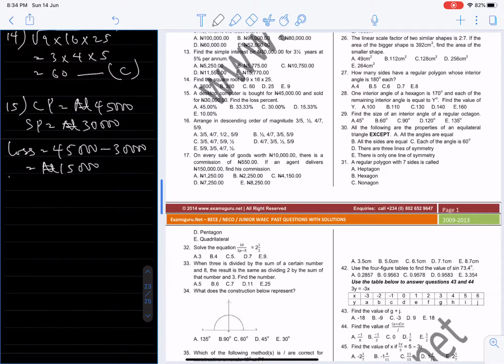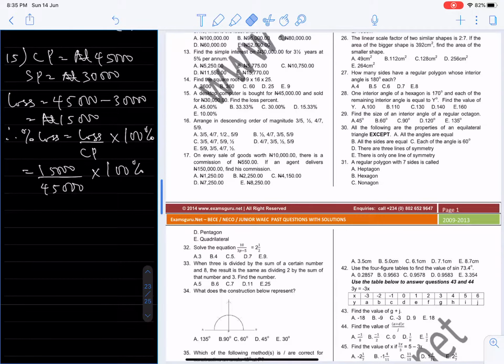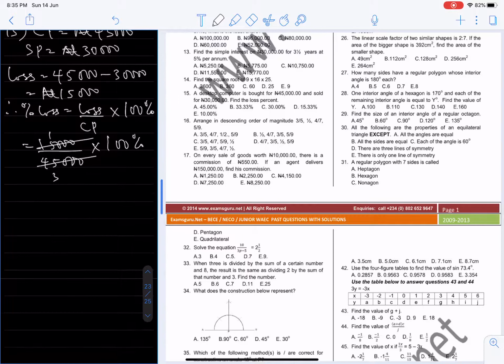So therefore, percentage loss equals, for those of you who might have forgotten, loss over cost price times 100%. And that simply means 15,000 divided by 45,000 times 100%. And that, of course, 15,000 here 1, 15,000 and 45,000 is 3.